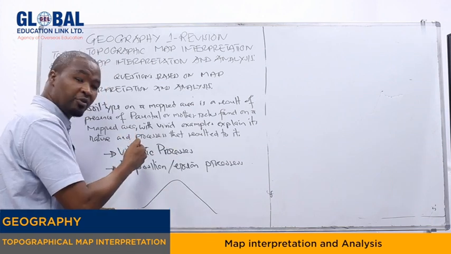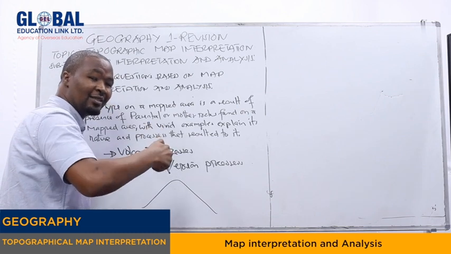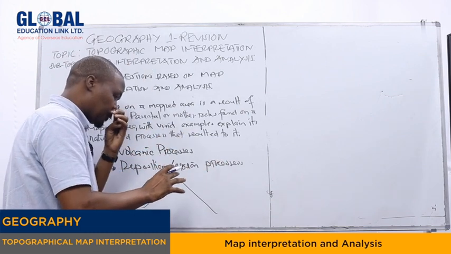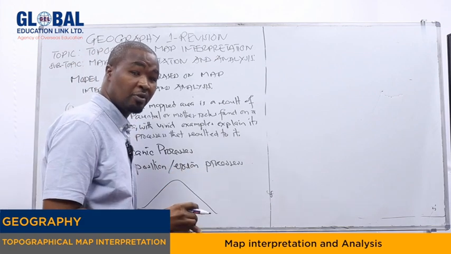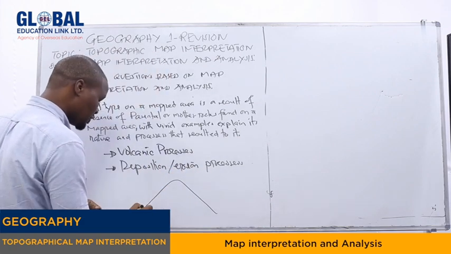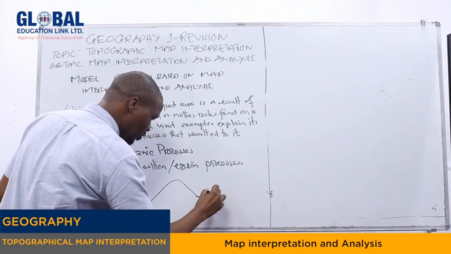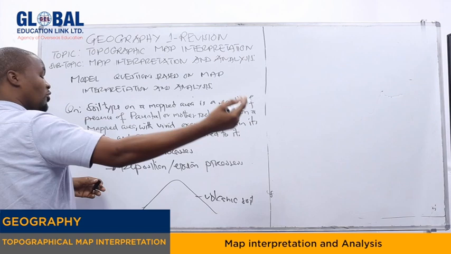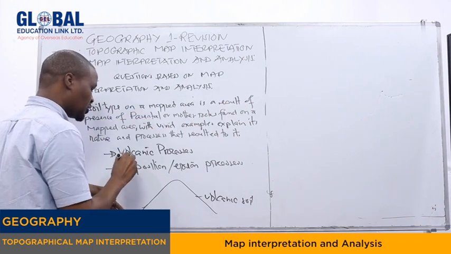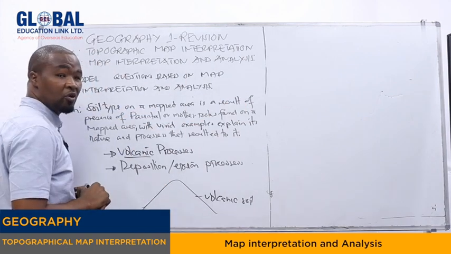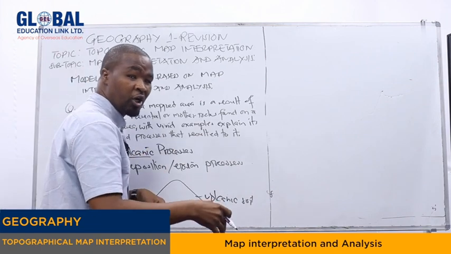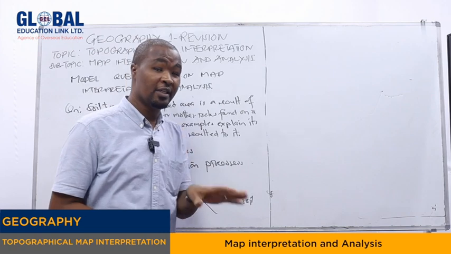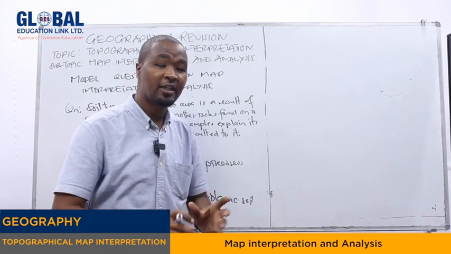A volcanic process, which occurred in relation to the continental or plate movement. It means most of the soil found in this area is volcanic soil. Why? Because there was a volcanic eruption before, which resulted in the formation of, for instance, a volcanic mountain. So most of the soil found in highland areas, for instance, is volcanic soil.